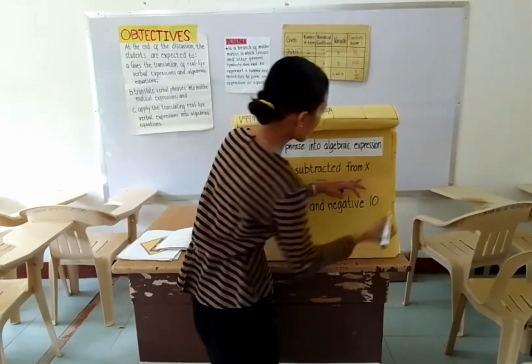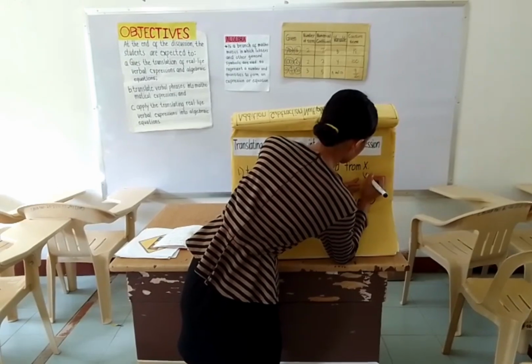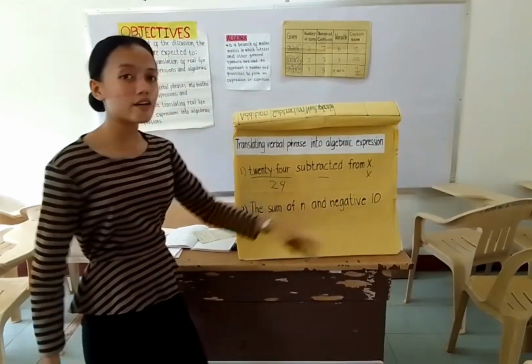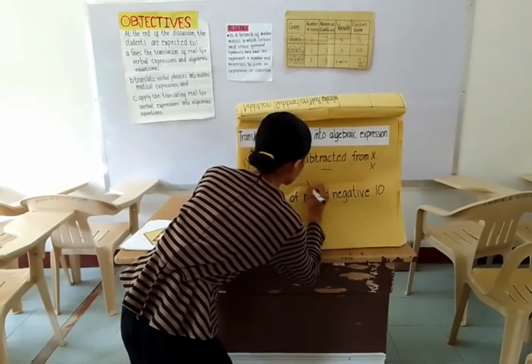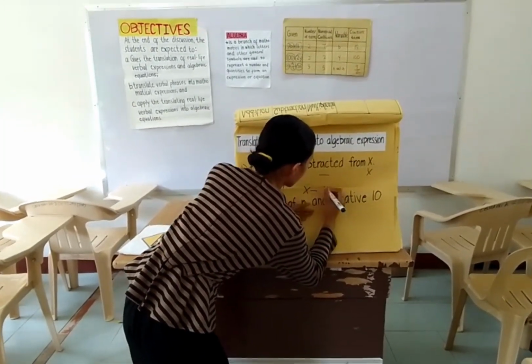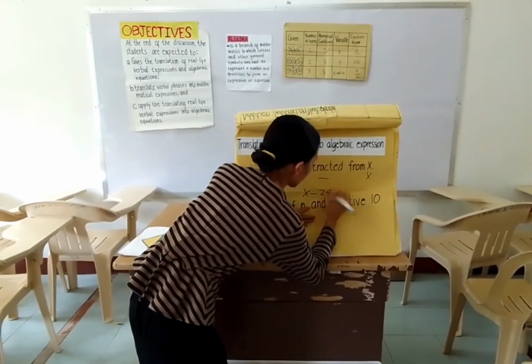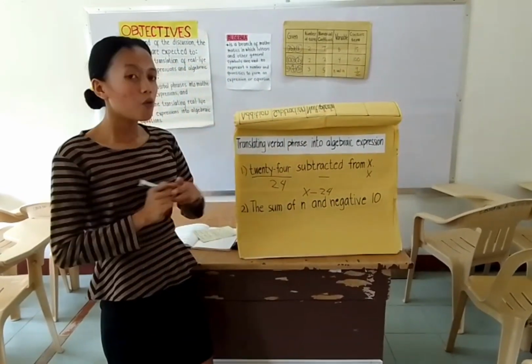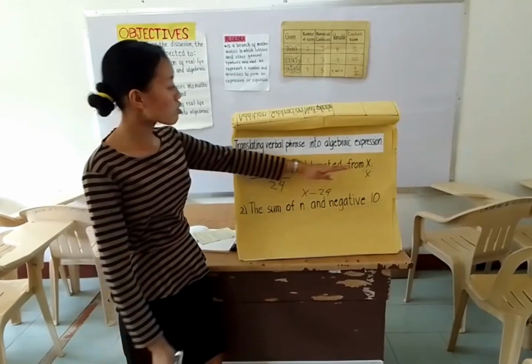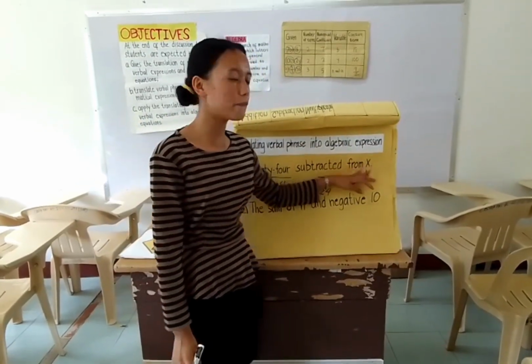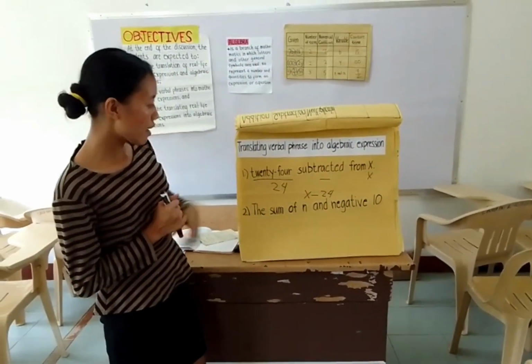Then from x. So when we write it as an algebraic expression, it is x minus 24. Why is x written first before 24? Because of the word from. That's why x is written first.